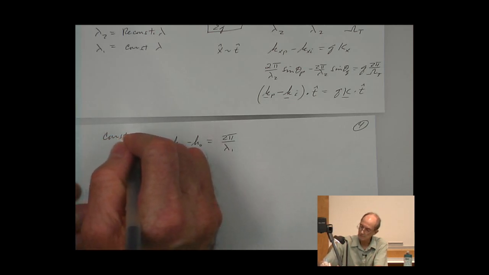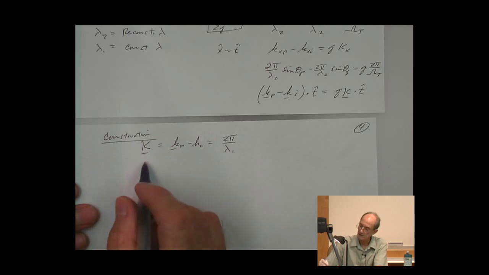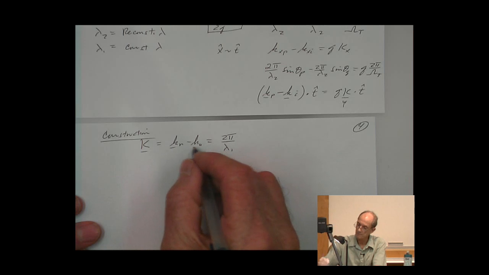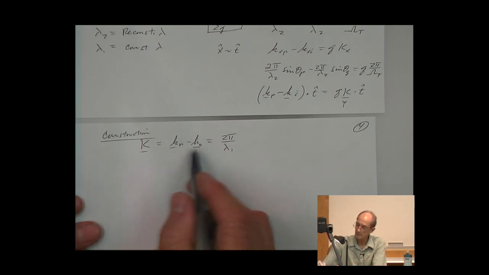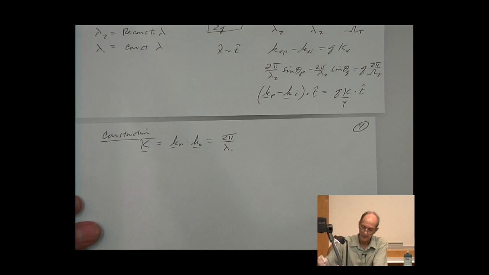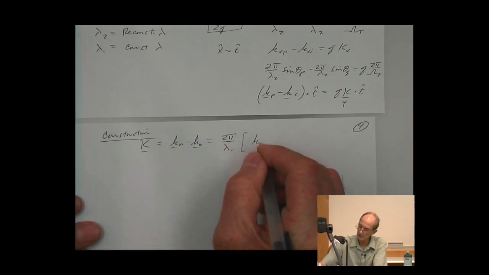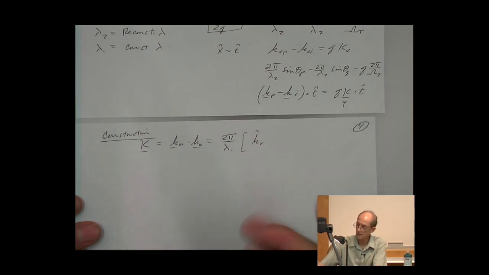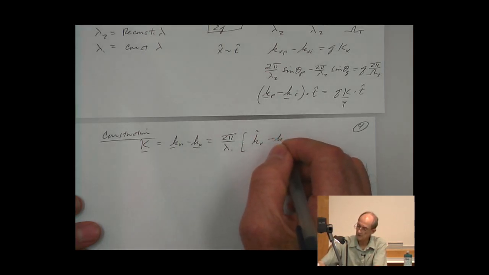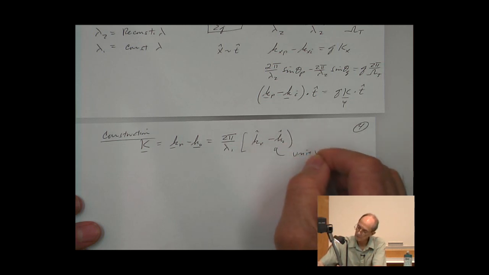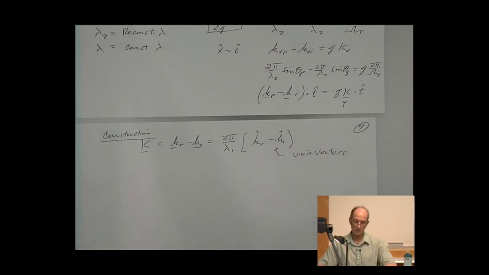This is the construction of that same grating vector that we have here, formed by the overlap of a reference and object field, or beam. And this is equal to 2 pi over lambda 1, and here we have some unit vectors, assuming n equals 1, kr minus ko. And so these are some unit vectors for that system.